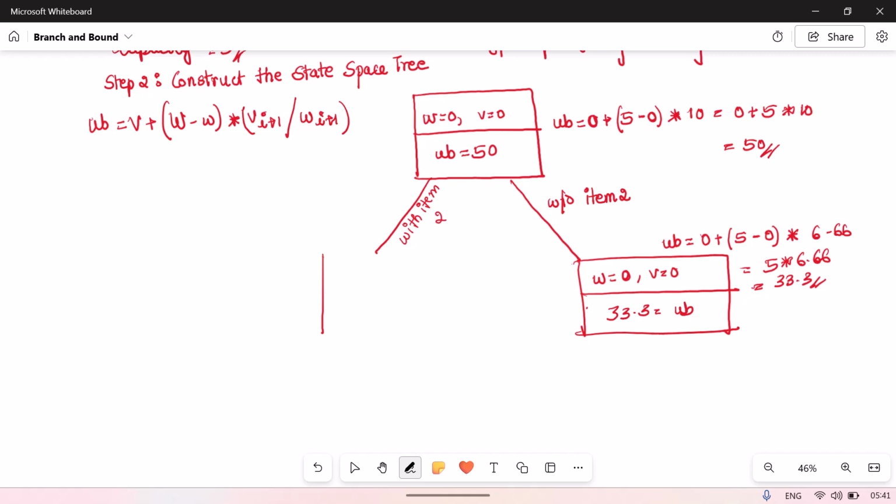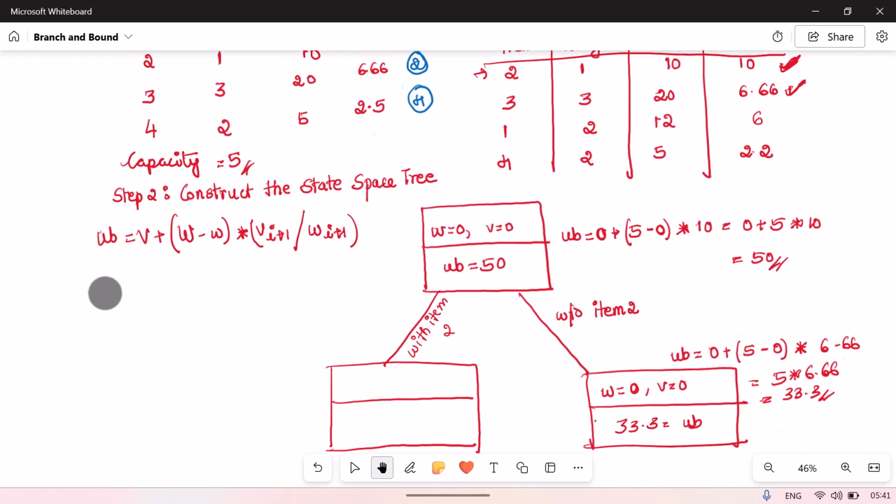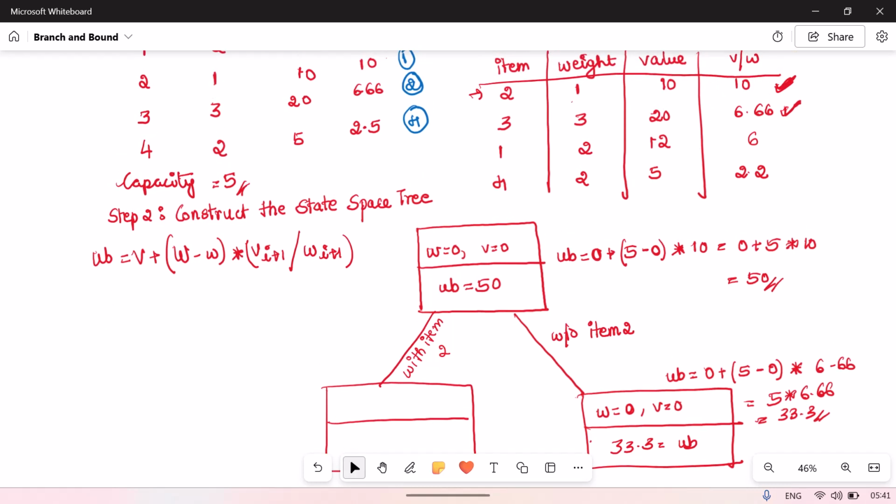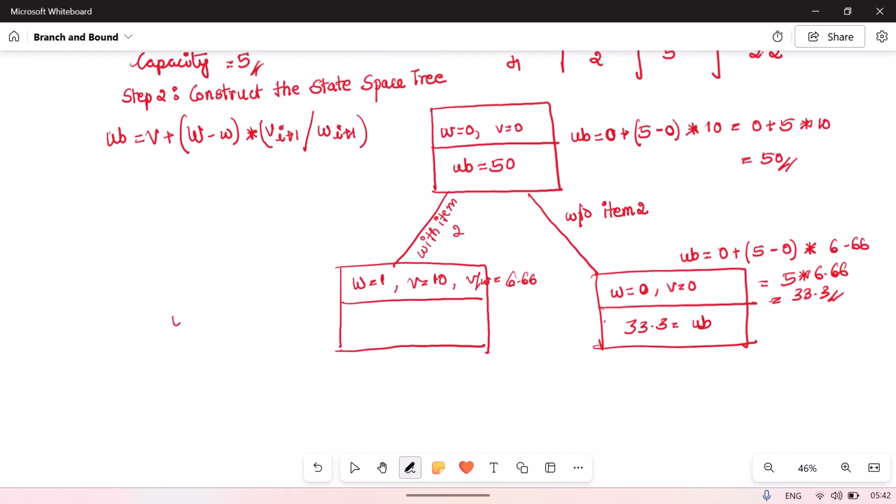Let us consider with. So here if you consider, its weight is 1 and the value is 10. See for item 2. So weight is 1, value is 10. And this V over W ratio will be for the next item. So for with the item 2, I'll have to consider for the next item 6.66, right? Okay, now calculate the upper bound. Upper bound is 10 plus total capacity 5.